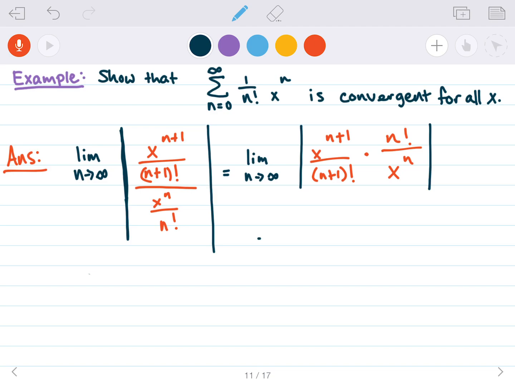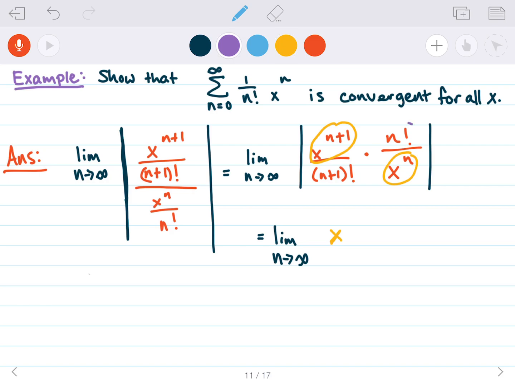Now, let's see what this is going to give us. When I do my exponent rule, I keep the base x and subtract the exponents. So n plus 1 minus n is simply going to be x to the first. So that turns into x.